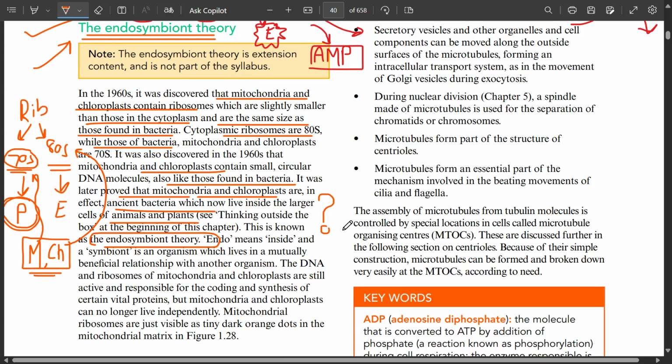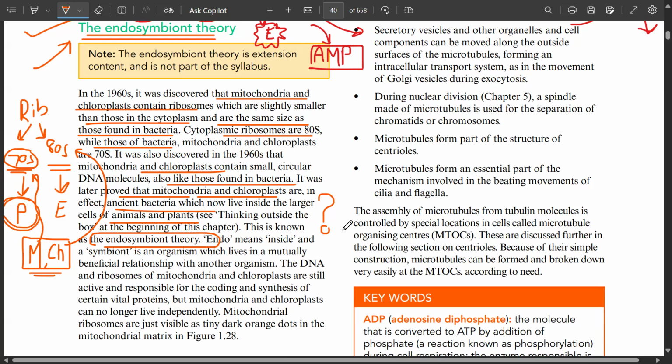Because they have 70S ribosomes. Exactly. Because all prokaryotes have 70S ribosomes. Eukaryotic cells have 80S ribosomes, but eukaryotic cell organelles such as chloroplast and mitochondria contain 70S. Even though they are part of a eukaryote, they contain ribosomes which are 70S, which are a part of prokaryotes. So that means that they evolved.